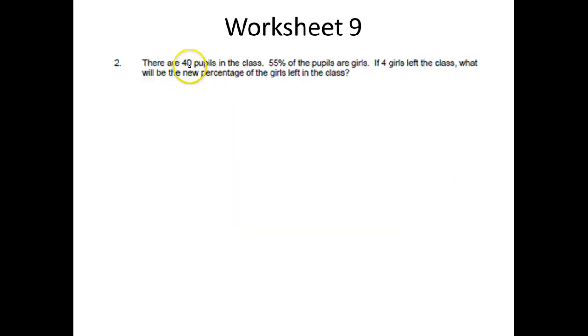Question 2. There are 40 pupils in the class. 55% of the pupils are girls. Okay, so I have 40 pupils as my 100%. I have boys and girls. Girls is 55%, so boys will be 45%. I know the number here, 40 pupils.